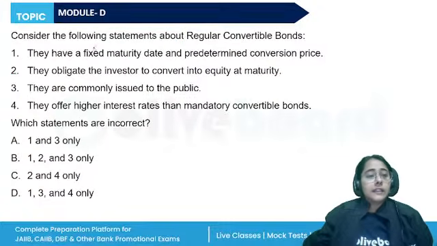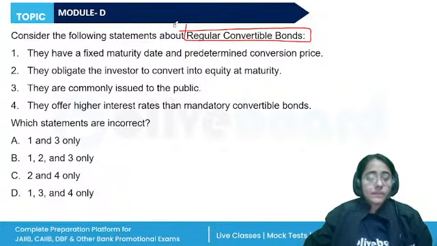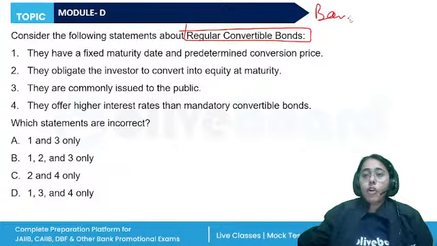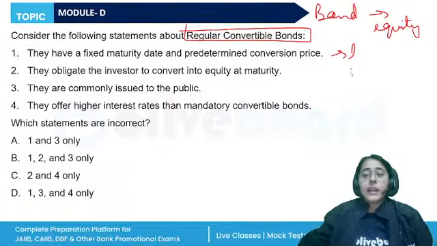Consider the following statements about regular convertible bonds. We have studied convertible bonds. There is the option of converting the bond into equity shares of the issuer, either on maturity or at predetermined intervals, at predetermined prices and rates.